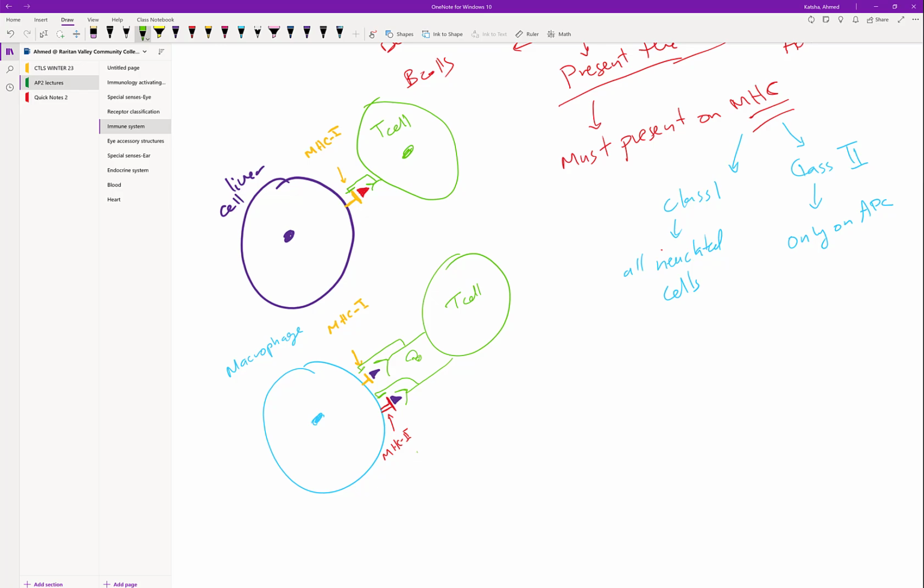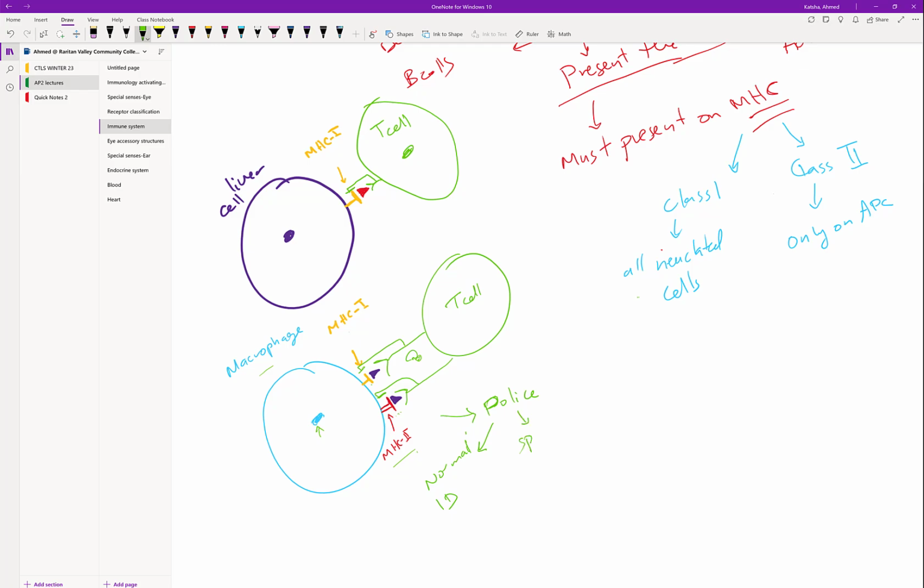Now, why does this macrophage have both MHC-I and MHC-II? Because, first of all, it's nucleated. If it's nucleated, it must have MHC-I. And then, because it's an antigen presenting cell, it has II. Think of this like a cop, a policeman or policewoman. Those police personnel will have a normal driving license, let's say, or normal ID, like the one for the public.